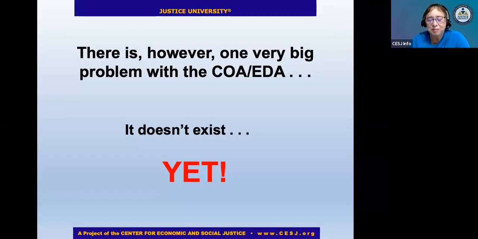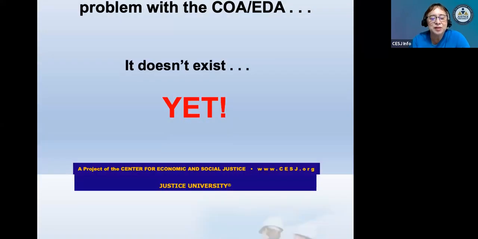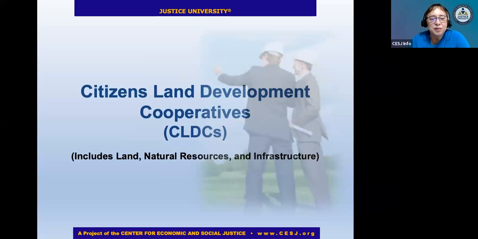And again, the problem is it's not in the law yet, but we're trying various approaches to get it into law.